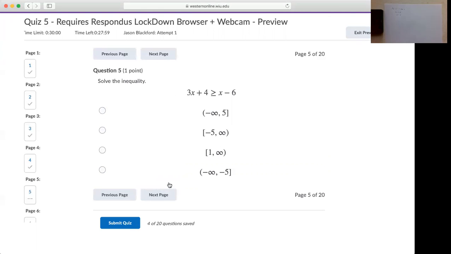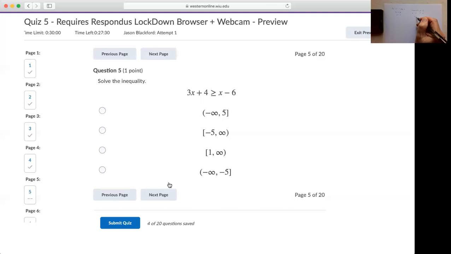Okay. Question 5, that is an inequality. We want to solve 3x plus 4 greater than or equal to x minus 6. With all the x's on one side, so subtract x from both sides, and subtract 4 from both sides.